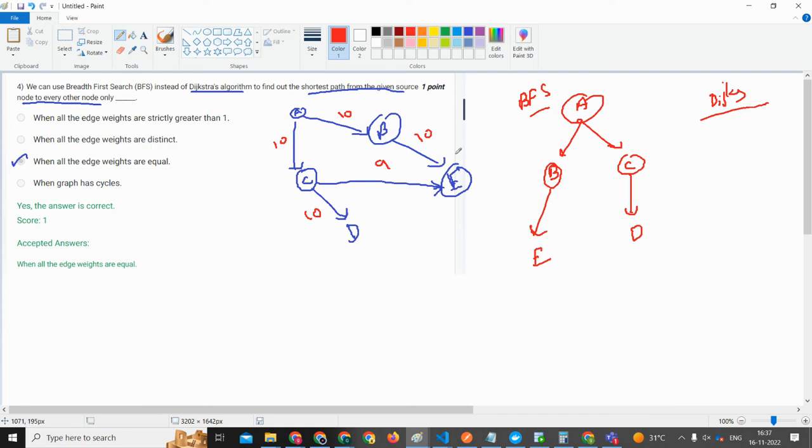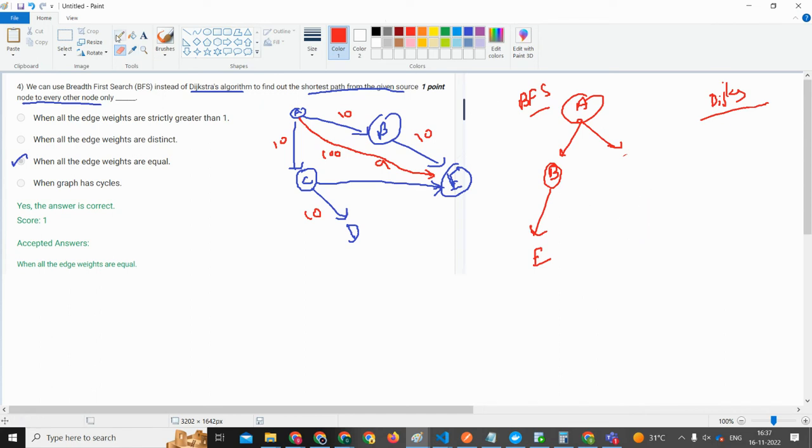It's equal, so we can take any, like A to B. I also want to add one more edge here, of weight 100. That means our BFS will change, right?